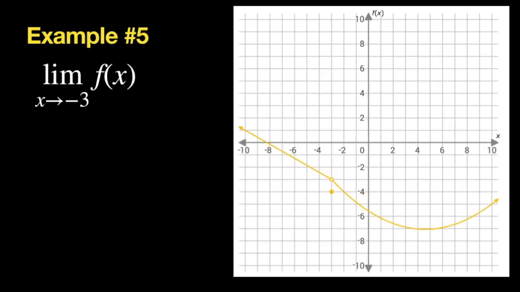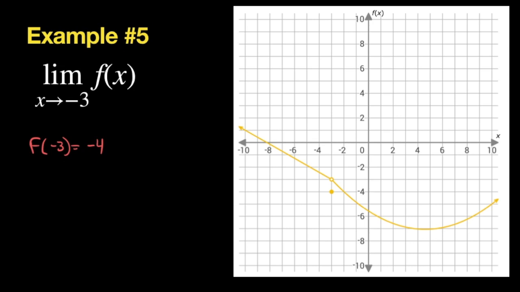For example 5, we have a simpler graph. We have a line, and we say that this line is not continuous at this point, because in this case we have a hole. So similar to the previous ones, you do have a function that is defined. So that means that if you put -3 into this function, you actually get a y value, which is going to be -4.